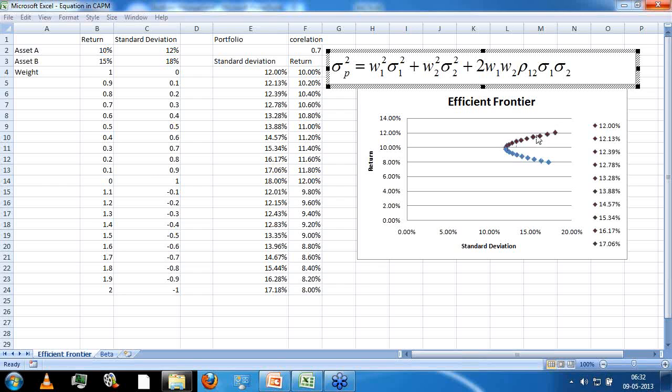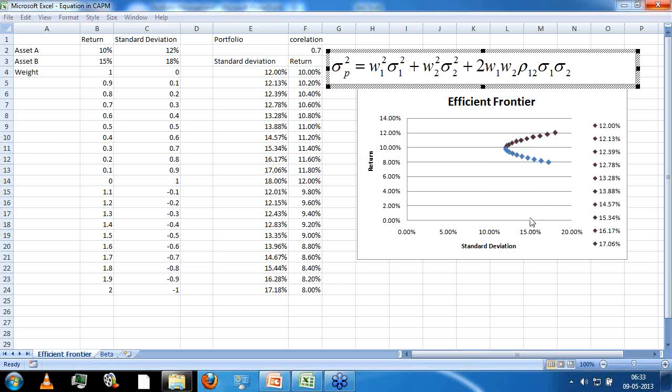You can observe clearly that one return is superior to the other at the same level of risk. So as a smart investor, you will obviously go for that combination of weights that is going to give you a higher return, right?